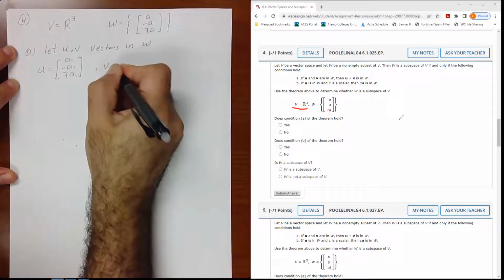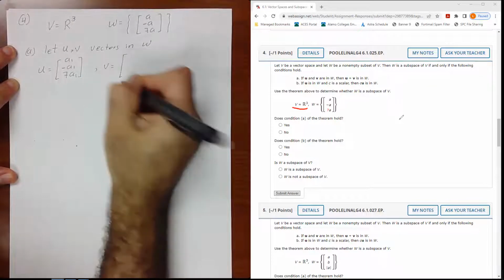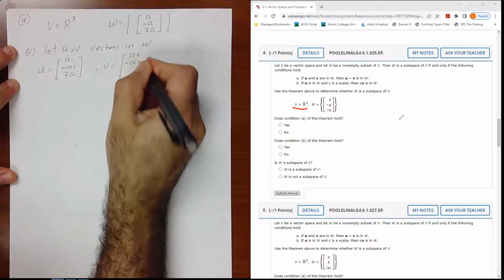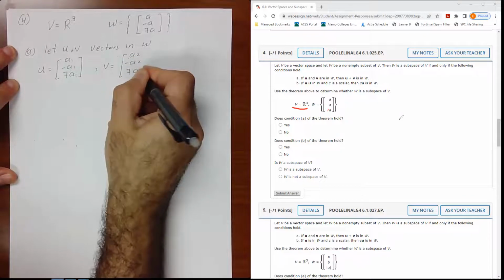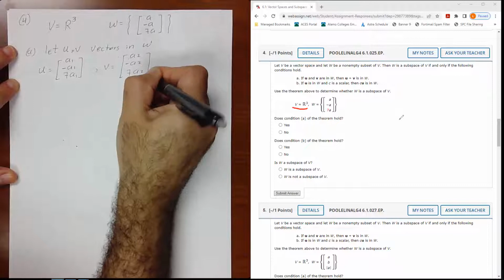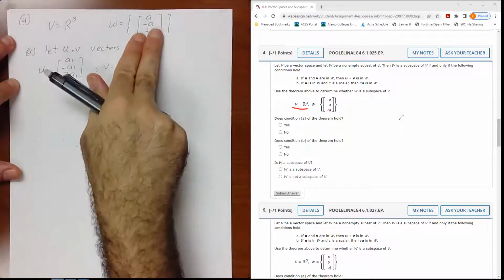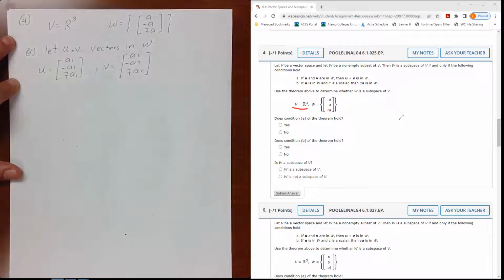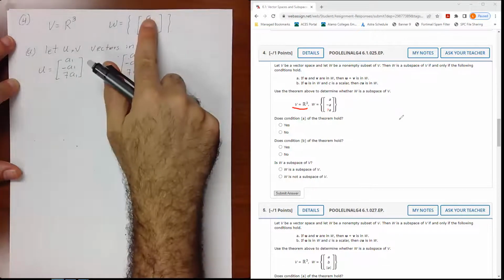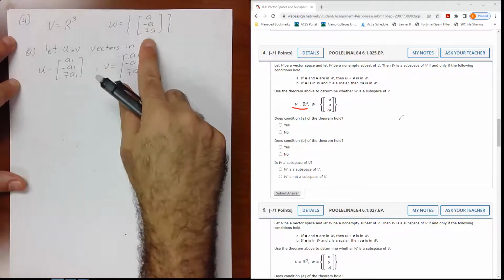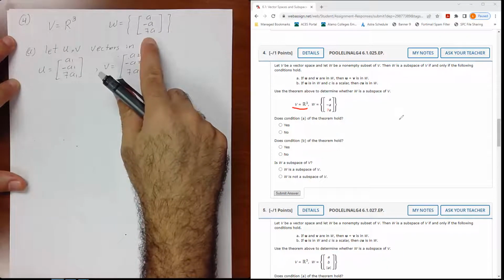And the vector V is going to be A2, negative A2, and 7A2. So you see these two vectors are going to look like the vector W, which is the first element, the second element is going to be negative, the third one is going to be 7 times A.